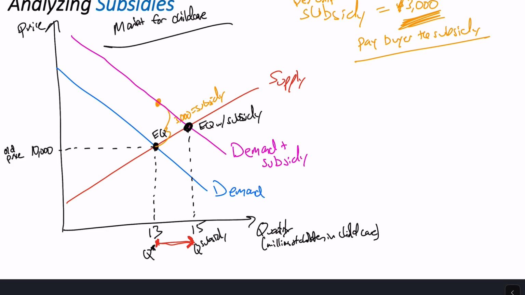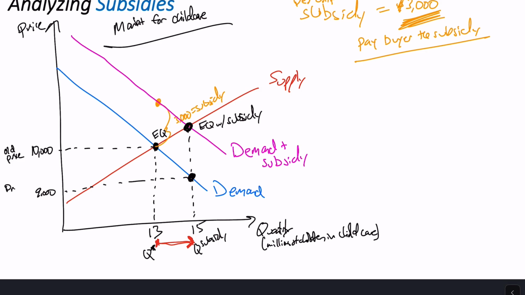All right, what's going on with our prices? So again, we take our quantity subsidy, 15, and we'll take it up to the original demand curve and the original supply curve. If we take it up to the original demand curve, that'll be crossing right there, like so. And then let's take this price line over. And now this is going to be, let's say, $9,000.